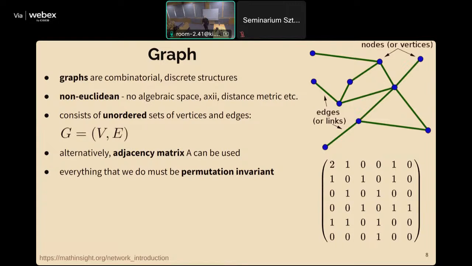What we do cannot depend on the order of processing. And this has been a huge challenge for decades, because it's extremely hard to prove that something is permutation invariant, to make this work well, generalize well. And also we can use either those sets or the adjacency matrix. The problem is the same, but we have those two representations.